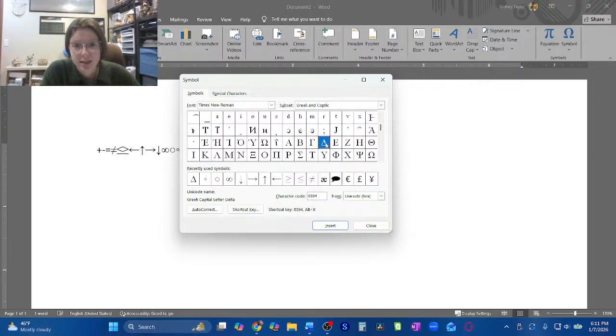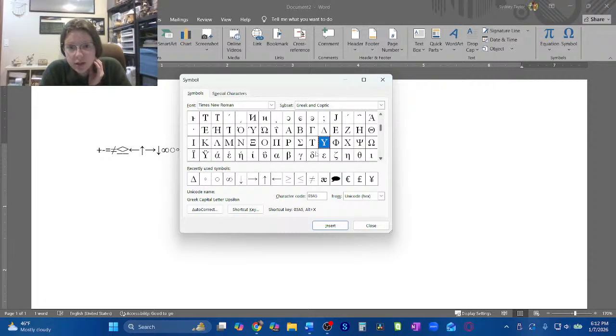Oh, here's the delta. It's under Greek and Coptic. So there's the delta. You also have your omega and alpha in here somewhere. This is the E that sometimes means energy and scientific stuff, but you can see how much easier it is to just draw the symbols than it is to find them in these catalogs.